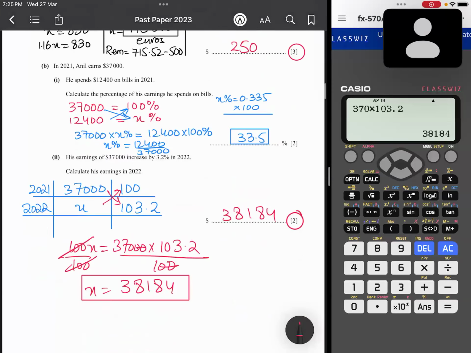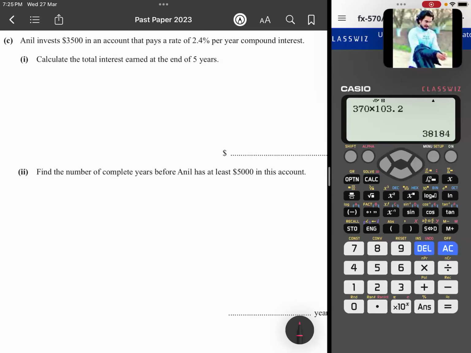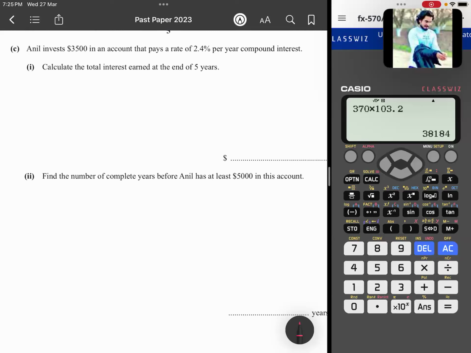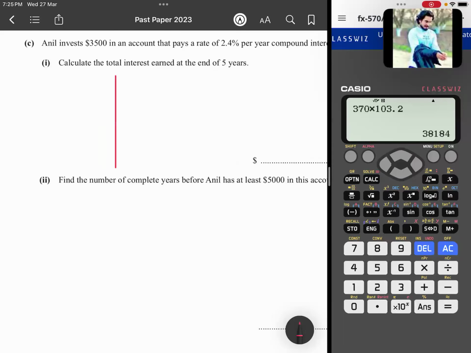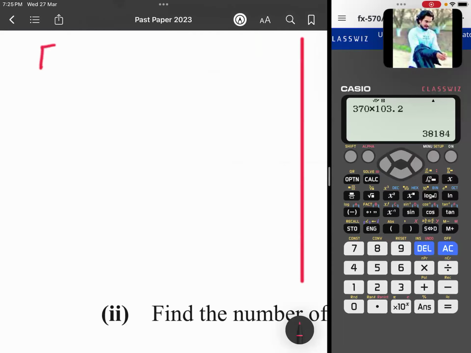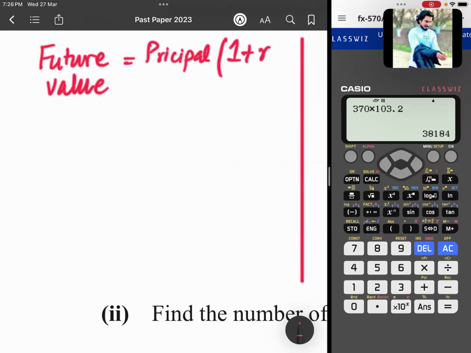Yes. So proceeding further. They say that Anil invests $3,500 in an account that pays at a rate of 2.4% per year compound interest. First of all, get the concept of compound interest. Compound interest: future value is equal to principal, bracket 1 plus r percent, power t.